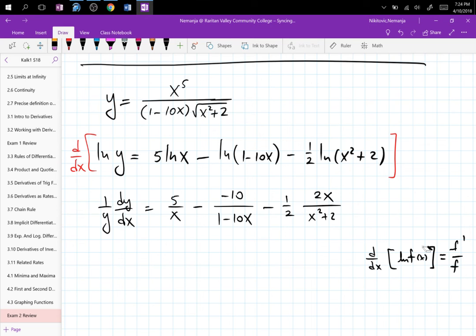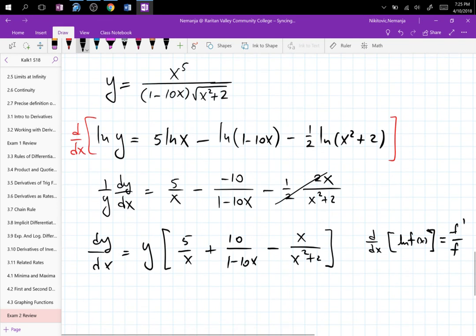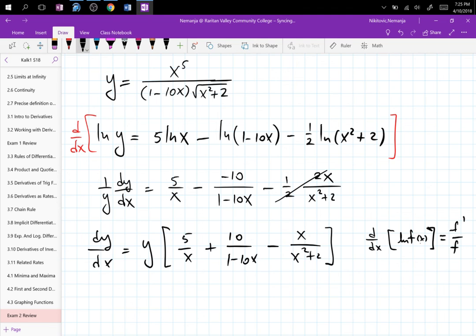So now dy dx is equal to y times 5 over x plus 10 over 1 minus 10x, 2 and 2 cancel, minus x over x squared plus 2. The last step is to put the original function in for y.